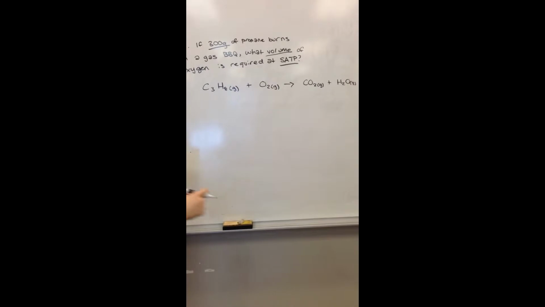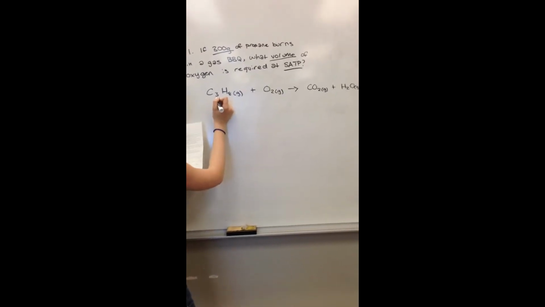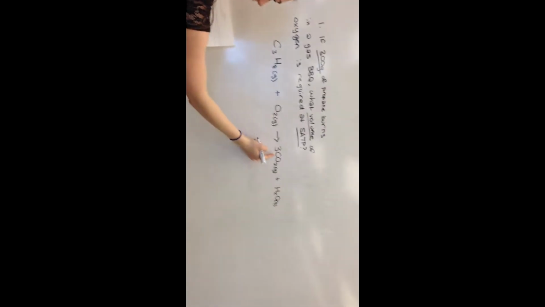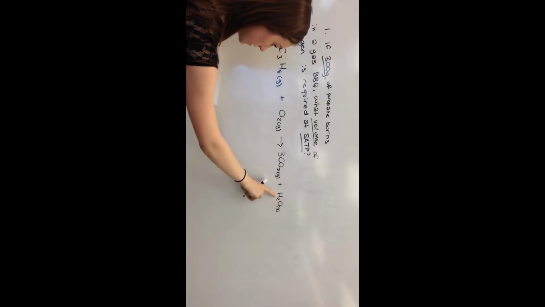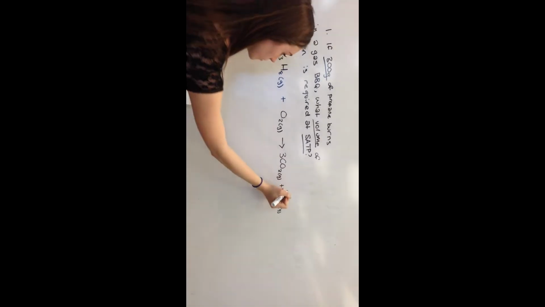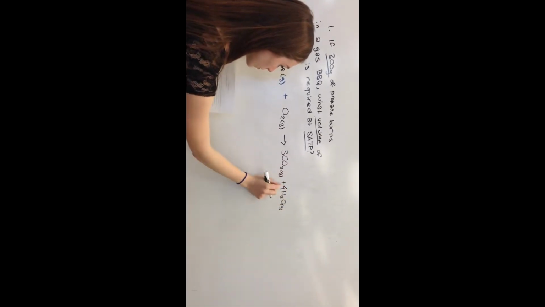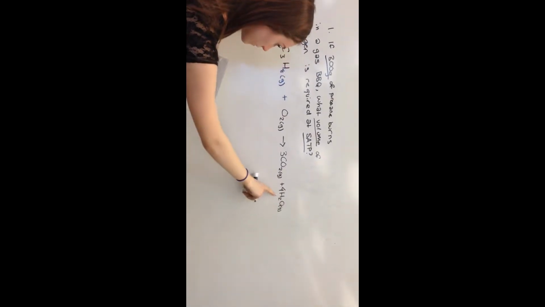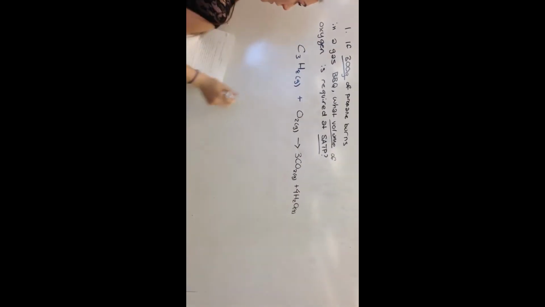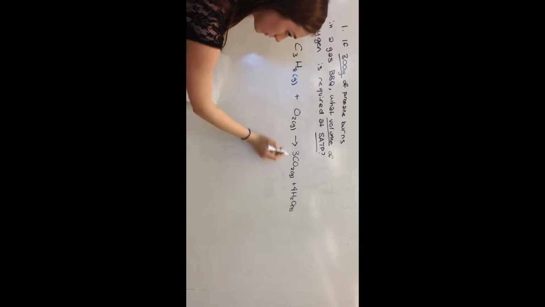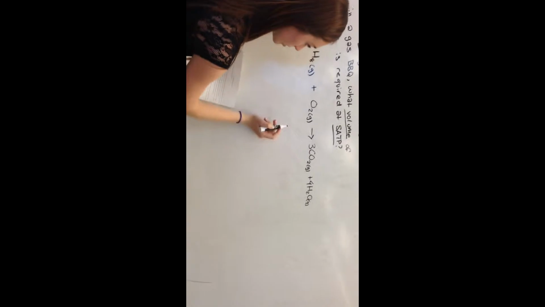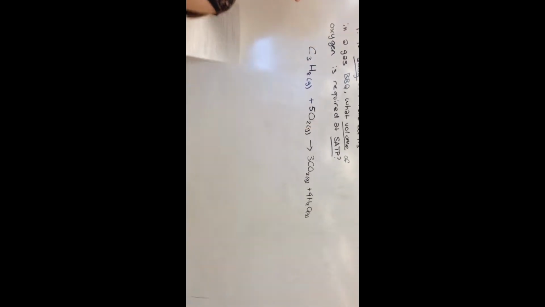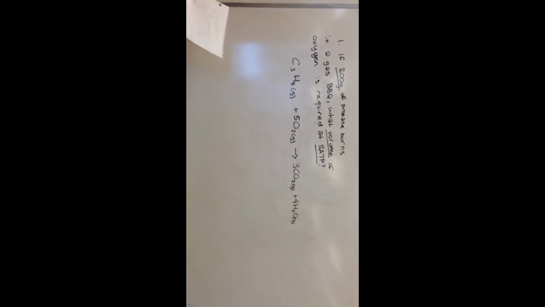So we'll start with carbon. We have 3 carbons here, so we need 3 here, sorry. So that gives us 3. We have 8 hydrogens here, so we need 8 here, but we already have 2. So when we put a 4 in front, 4 times 2 equals 8, so now we have 8 hydrogens. And now we have 2 oxygens here, but we need 6 plus 4, which is 10, so we put 5 there, and then you have your balanced chemical equation.